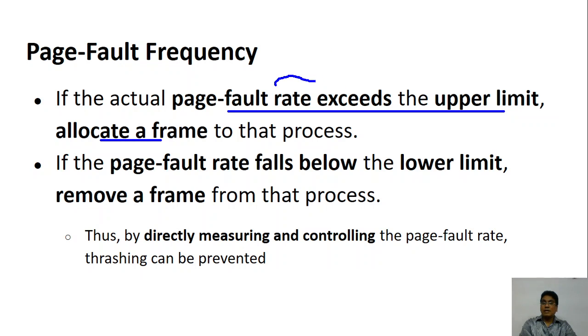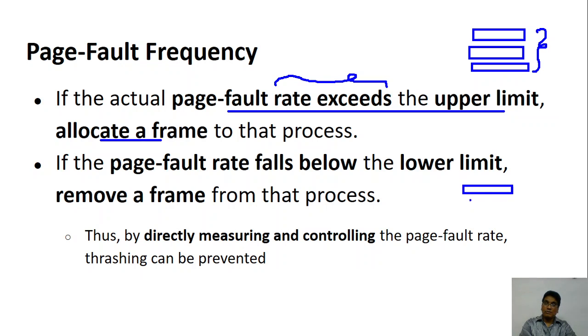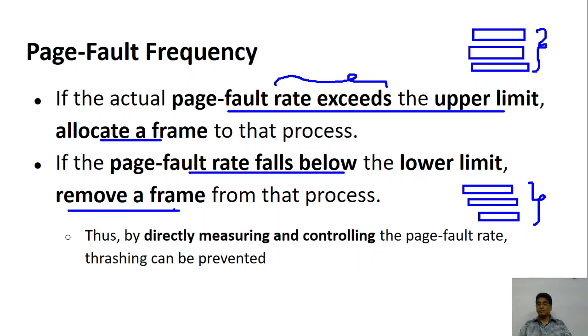When the page fault rate exceeds the upper limit for a given process, you give more frames to the process. When it goes below, you remove some pages. I will come to that. I just read it and thought you would get confused, that is why I am talking about it.